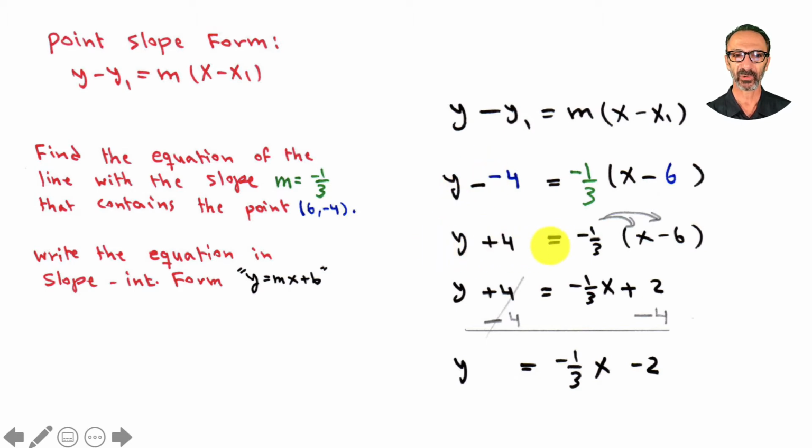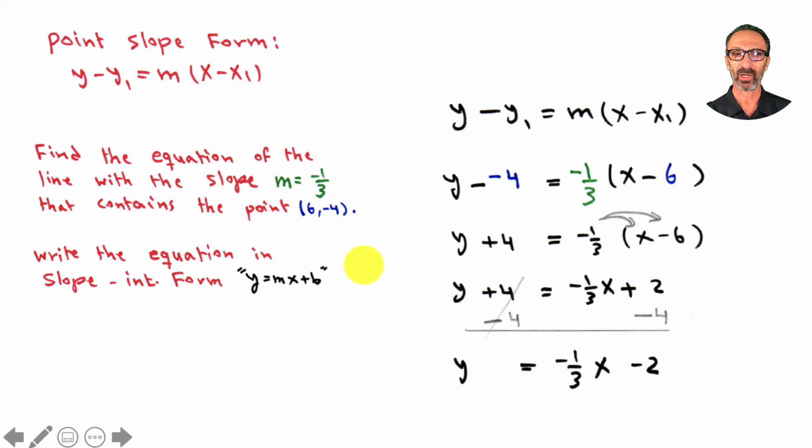y plus 4 equals, applying the distributive property here, as you could see, I have -1/3 times x and -1/3 times -6, which is positive, negative times negative. 1/3 times 6 is 6/3, which simplifies to +2.